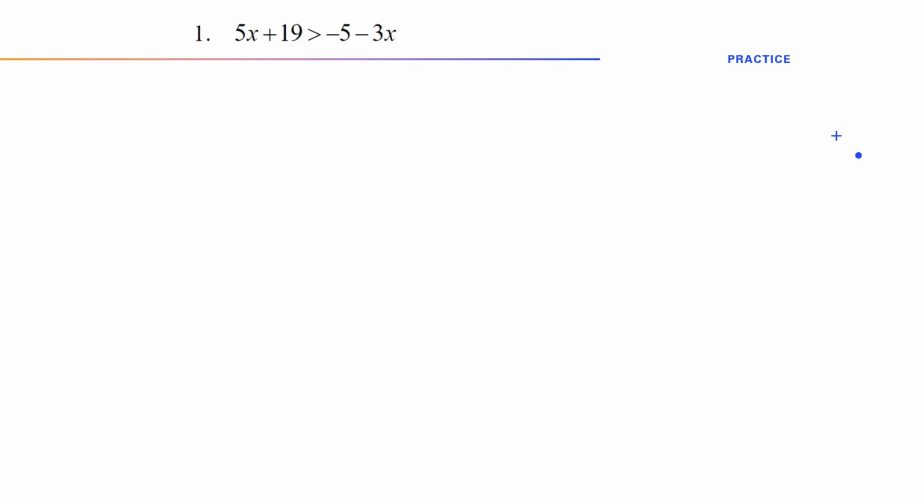Question number 1, so we have 5x plus 19 greater than negative 5 minus 3x.